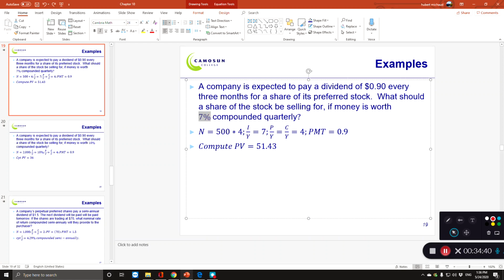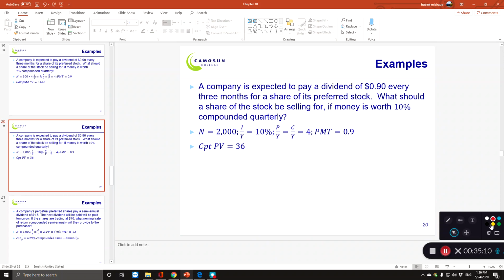I don't know that we did a lot of perpetuity in this class up to now, but basically my trick is always to use 500 years. Not N is 500, you use 500 years. So 500 years times 4 payments per year, you use 2,000 as your N. The payment is 90 cents positive every quarter. I compute the PV. I get the PV is 51.43. That's the price. That's how much the share should be selling for.